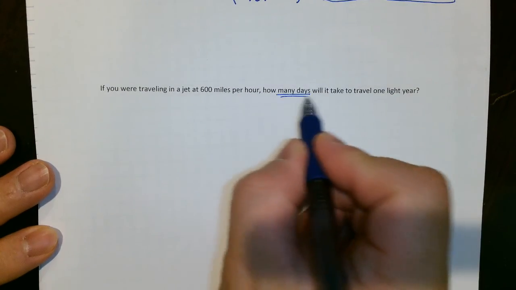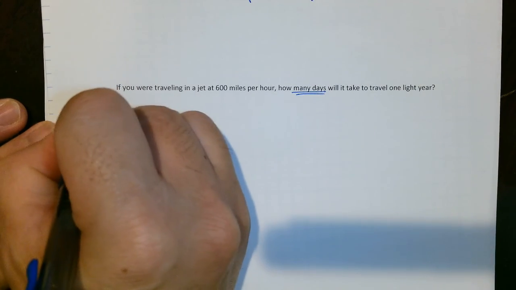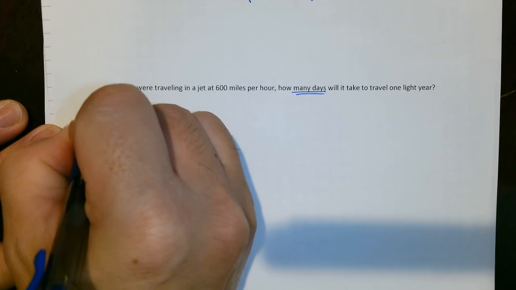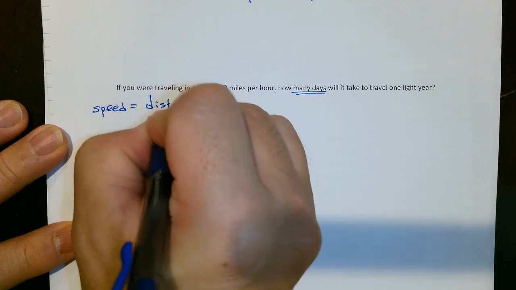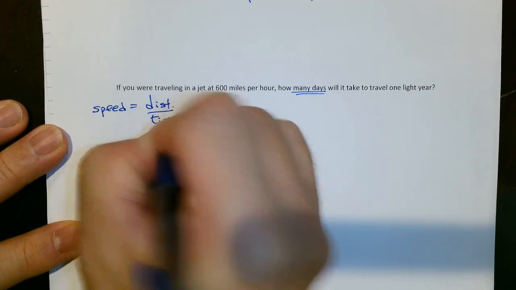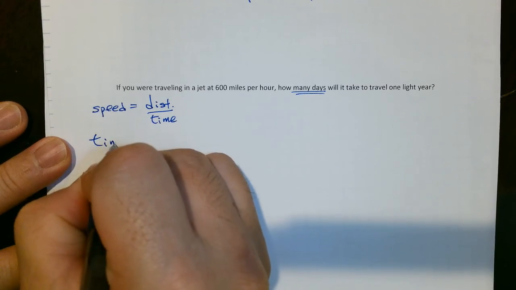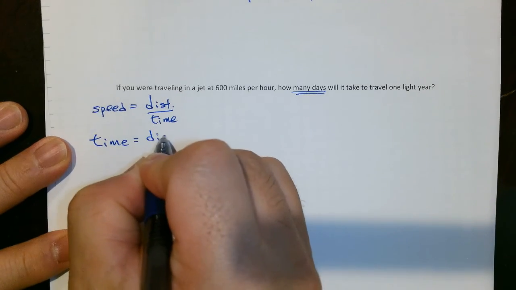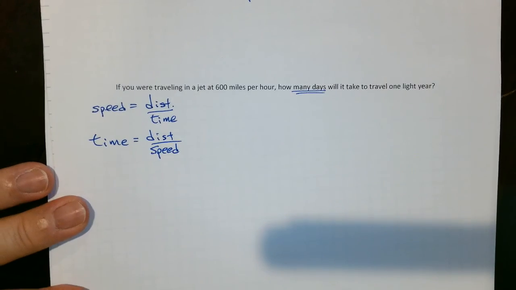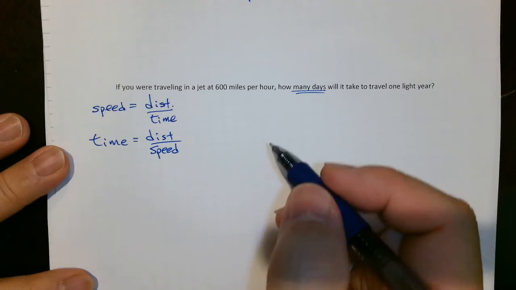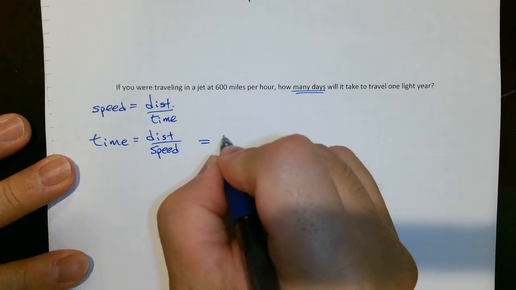So first, we know speed is equal to distance divided by time. Since we're looking for days, we're looking for time. Time is equal to distance divided by speed.